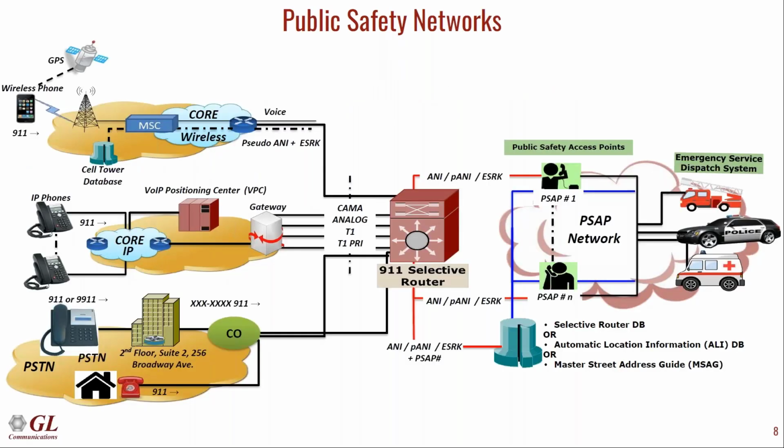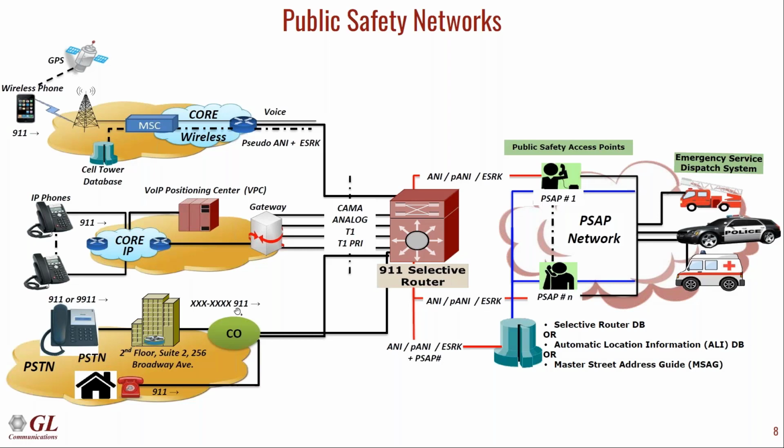Okay, so for the next few slides, I'm going to talk specifically about public safety networks. I'll go briefly through these slides because we have worked with emergency services in the past, and we've helped them troubleshoot and find problems in their emergency services networks.